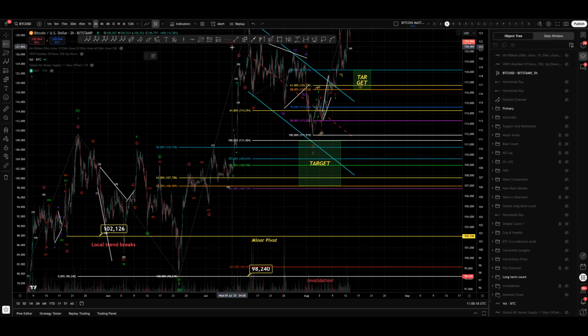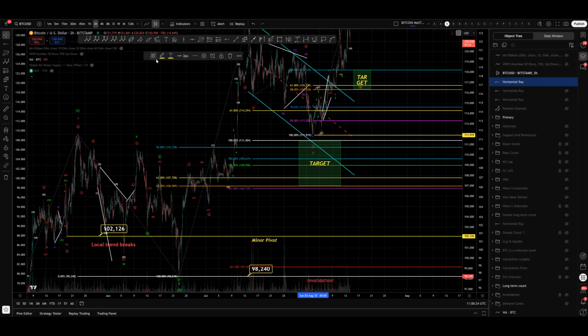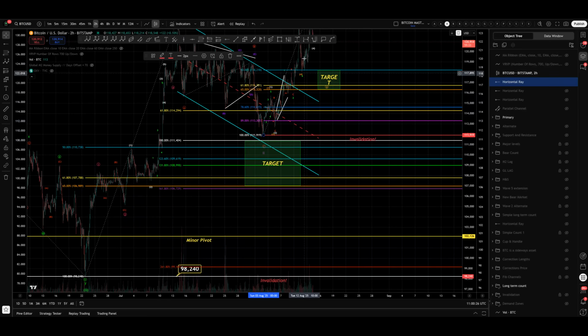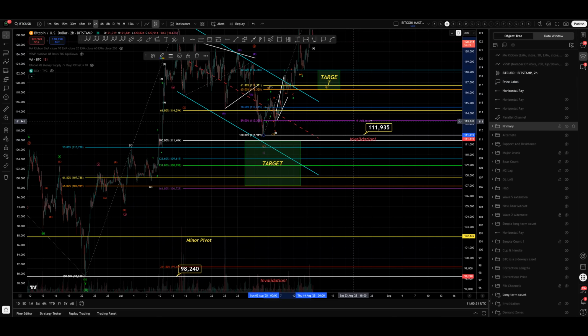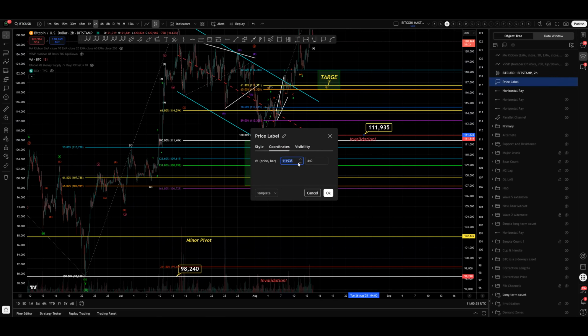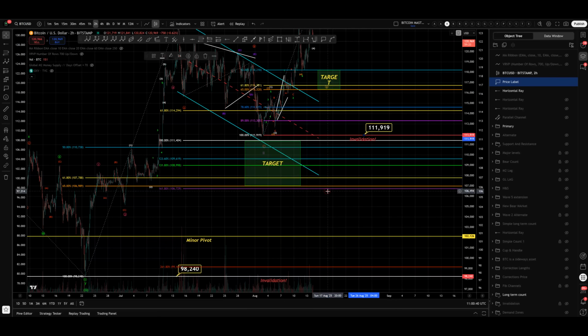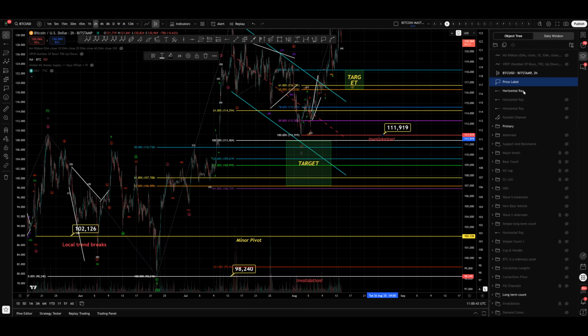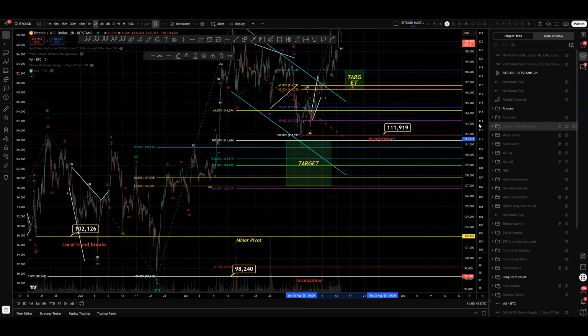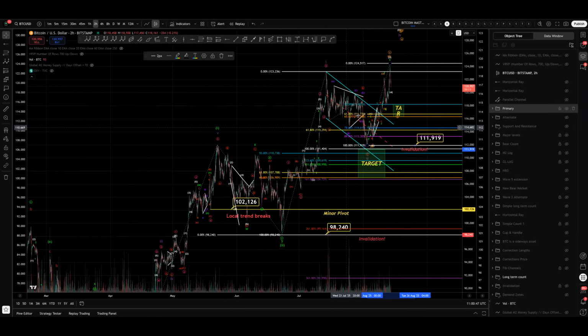I know the chart's really busy, and I know it's not ideal for giving you guys information on YouTube, but this is a functional working chart that I'm using for my analysis, for me, and for my business. So at the end of the day, it has to be a functional, usable chart. So there's our invalidation point, 111,919. If the primary count of subsequent 1s and 2s is correct, right, we will not come below here.